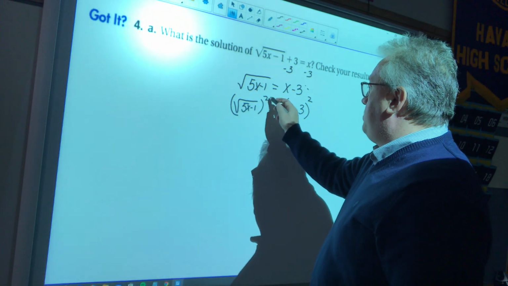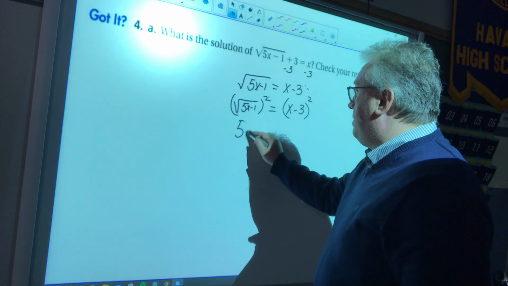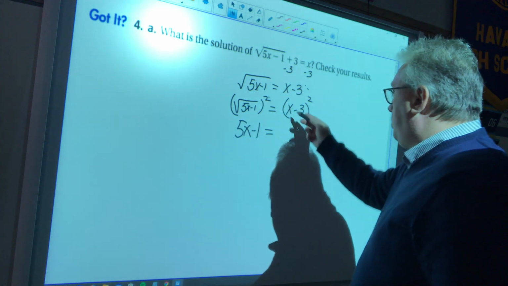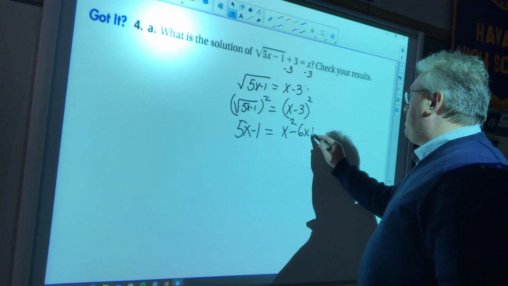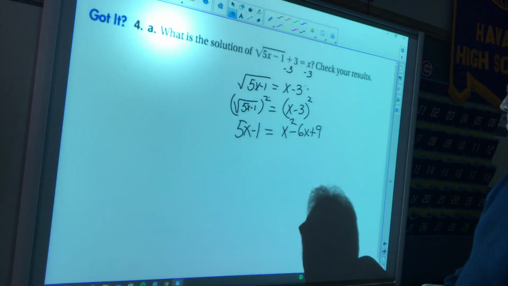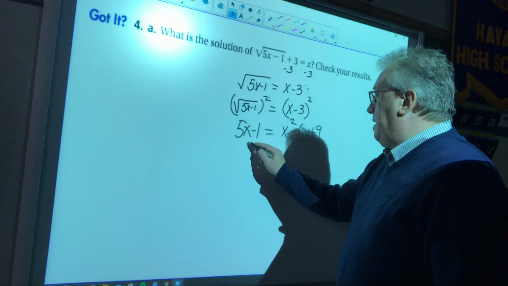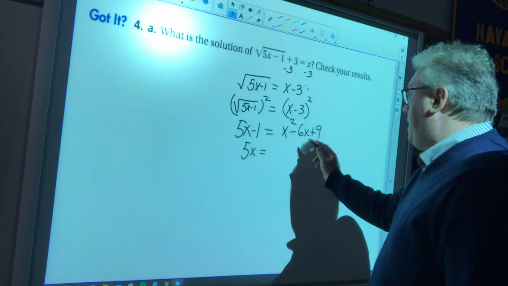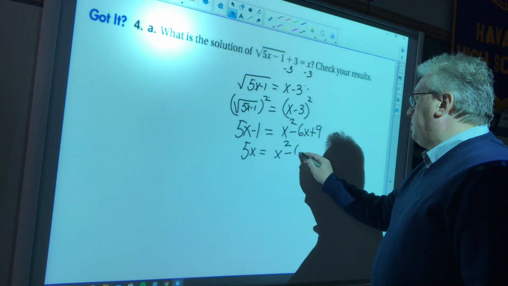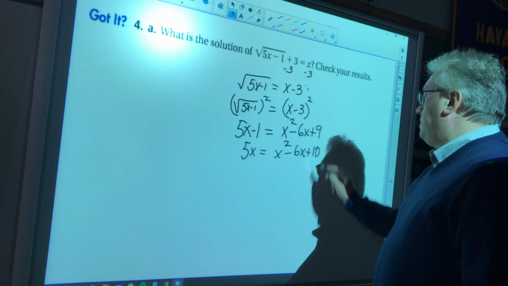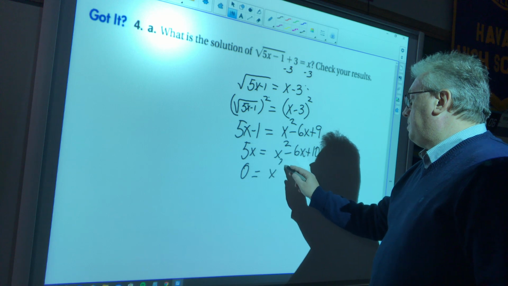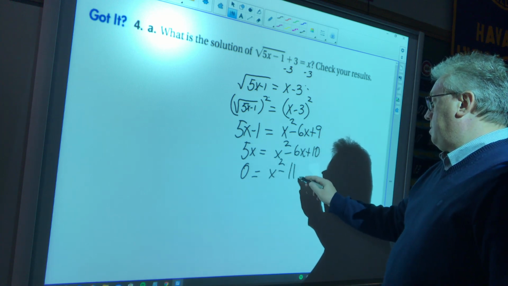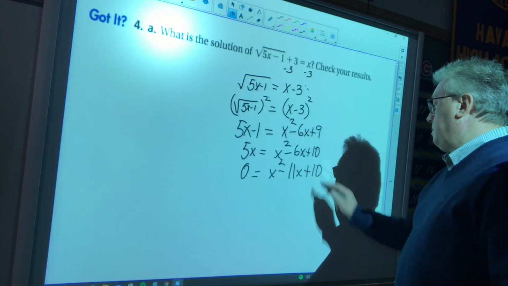Here, the square root and the square cancel out. 5x minus 1 equals, expand this binomial, x squared minus 6x plus 9. Okay? Add 1. Okay, subtract 5x. Okay?